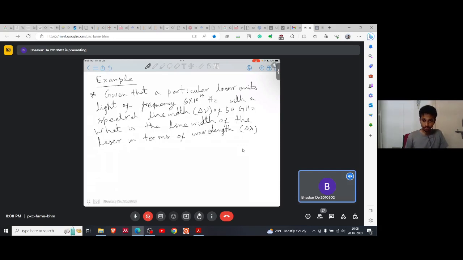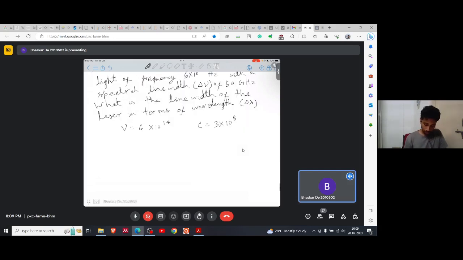So basically the problem is saying that there is a laser that emits light of frequency 6 into 10 to the 14 hertz. You are given nu, and you know the value of c, 3 into 10 to the power 8. So lambda is basically c by nu, 3 into 10 to the power 8 by 6 into 10 to the power 14.